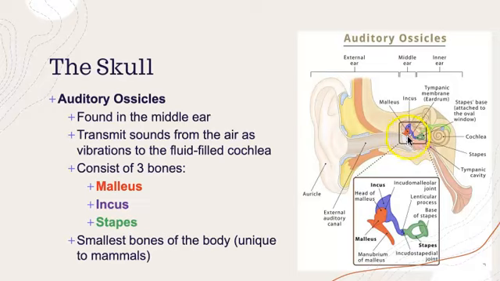We have in red the malleus, then the incus, and the stapes. And so as the sound waves come through this canal, it causes the tympanic membrane to vibrate, which causes vibrations to shift through these small bones and pushes against the oval window here, which shifts the fluid in our cochlea, which is found in the inner ear. And these small bones are unique to mammals.